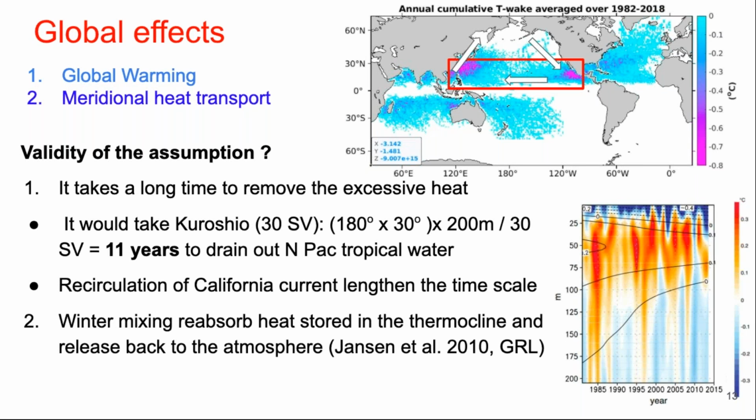However, the validity of the assumption that all of the heat pumped down by tropical cyclones will be transported forward is still questionable. First, it would take a long time to remove the excessive heat induced in the main development region.